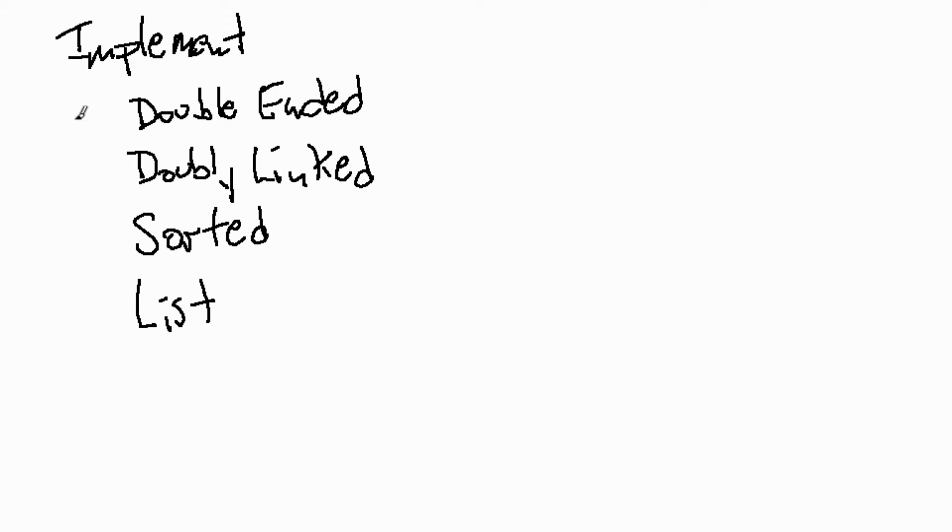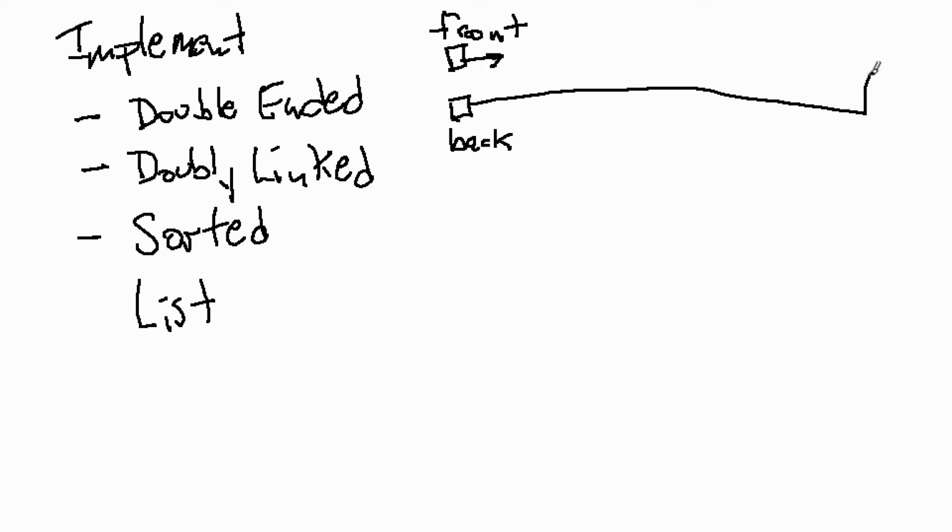Okay, so we've talked about all of these in class before. Remember what this means. Double-ended means that there are two references to the list. There's something called front, which points to the front of the list. There is something called back, which points at the last element in the list. So it would be over there like that.